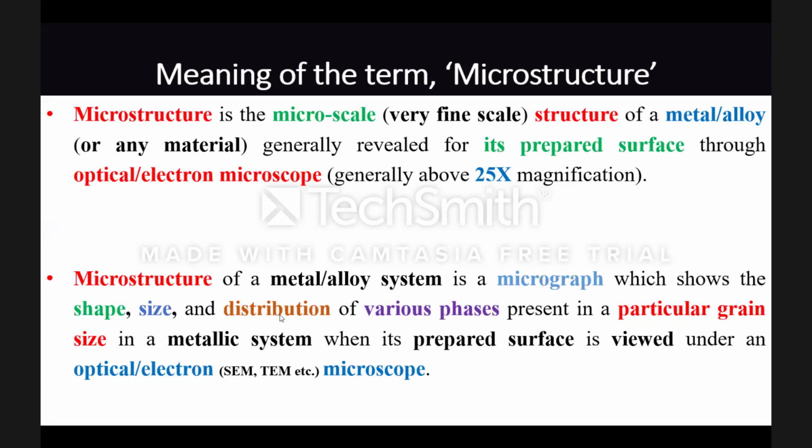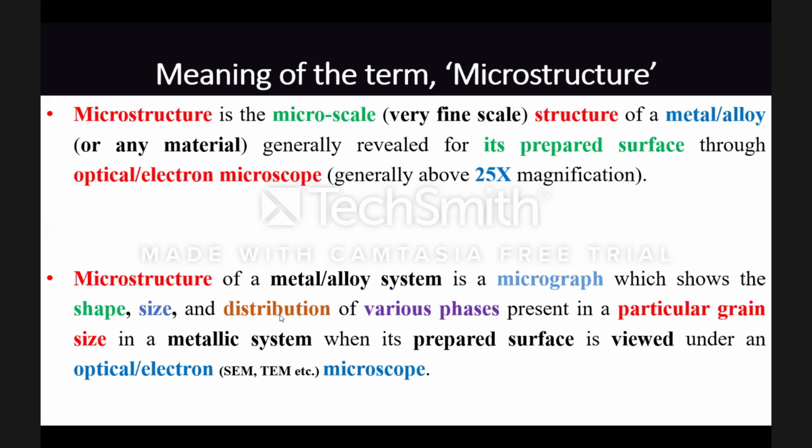What type of phases are present? In what number are they present? How much of volume or space of the microstructure each of the phases has occupied? What is the shape? What is the size? What type of distribution each of the phases is having in the microstructure of the material system? And so one important thing which makes up the microstructure is the phases and their details.